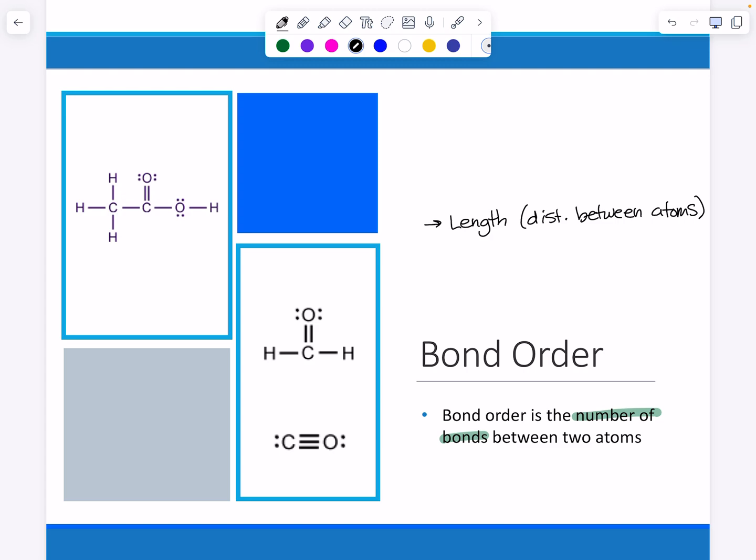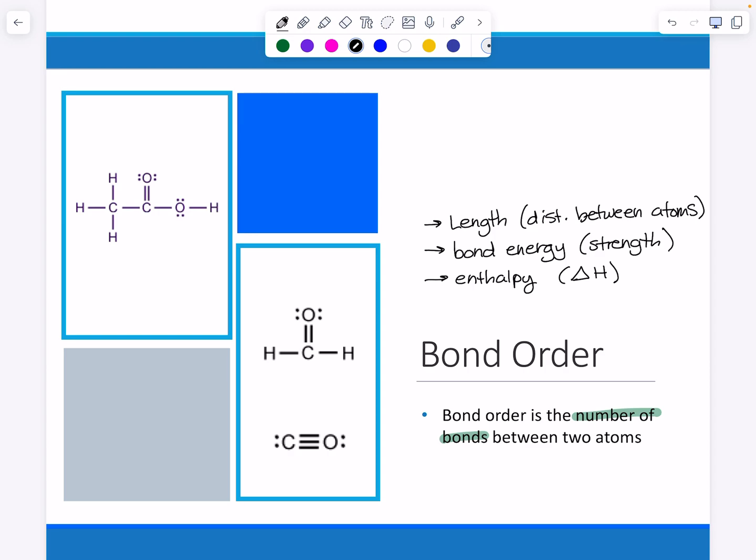It's going to affect something we call the bond energy, which I would call the strength. So we have the length and the strength, and we're going to introduce this term enthalpy, which we use the symbol H to represent, and changes in enthalpy.